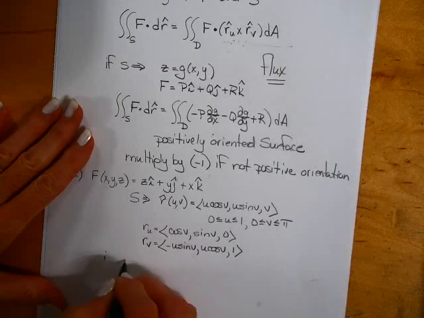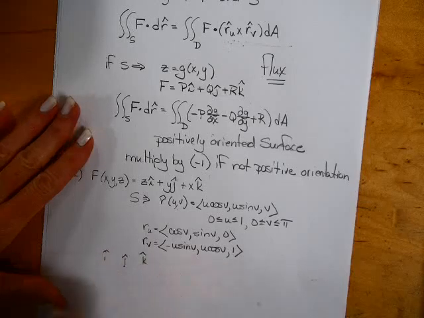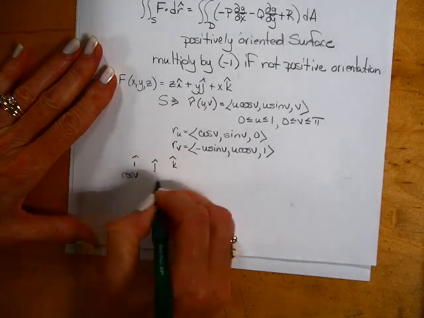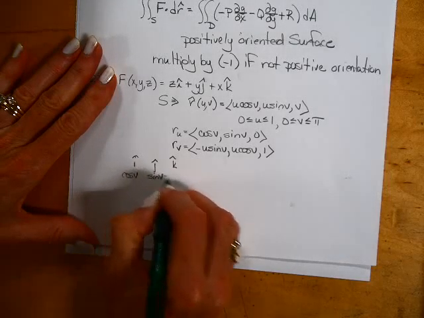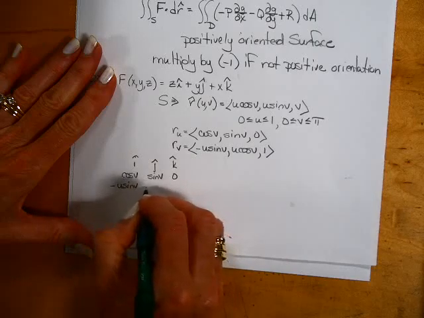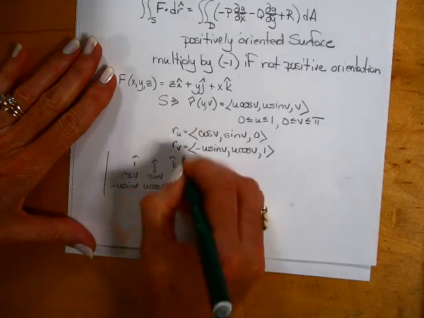Then I need i, j, k. So cosine v, sine v, 0, negative u sine v, u cosine v, and 1.